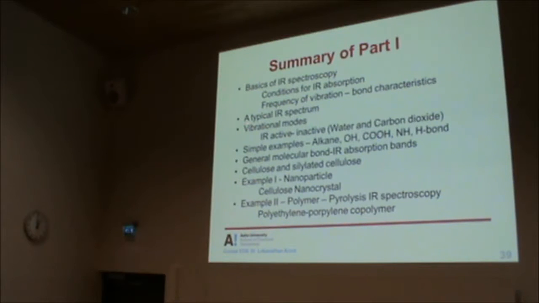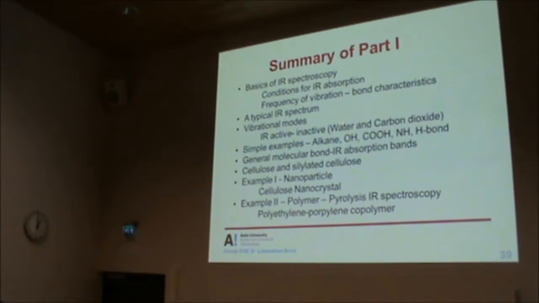We next moved on to a typical infrared spectrum where we saw absorption and transmission. There are two kinds of spectra, and we saw examples of vibrational modes, how one can classify them into infrared active and infrared inactive. We saw the example of water and the example of carbon dioxide.